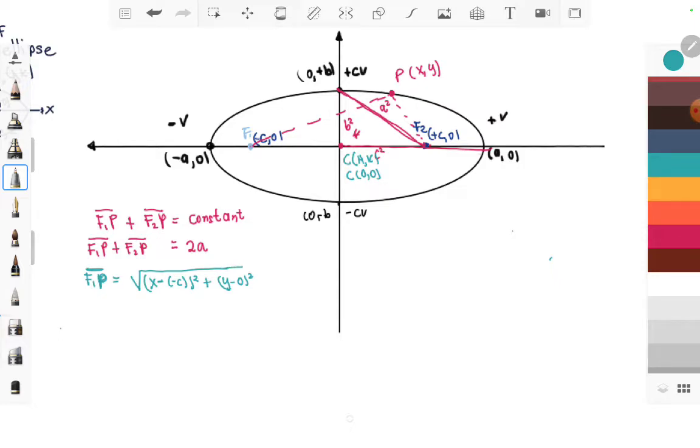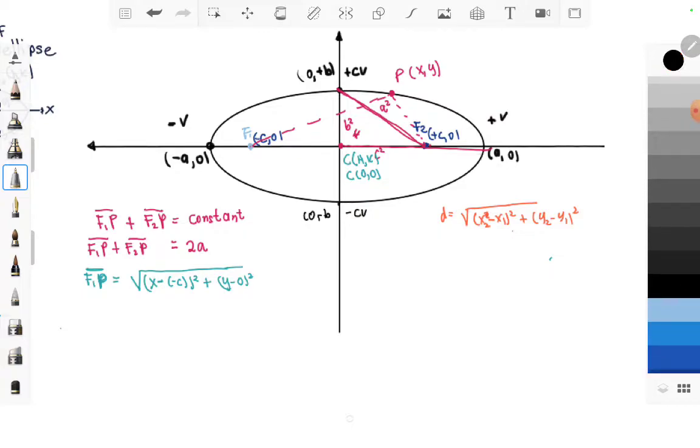Just reminding you of the distance formula, d is equal to the square root of x sub 2 minus x sub 1 square plus y sub 2 minus y sub 1 square. So from that, I will have the square root of x plus c square plus y square. That is my f1p.